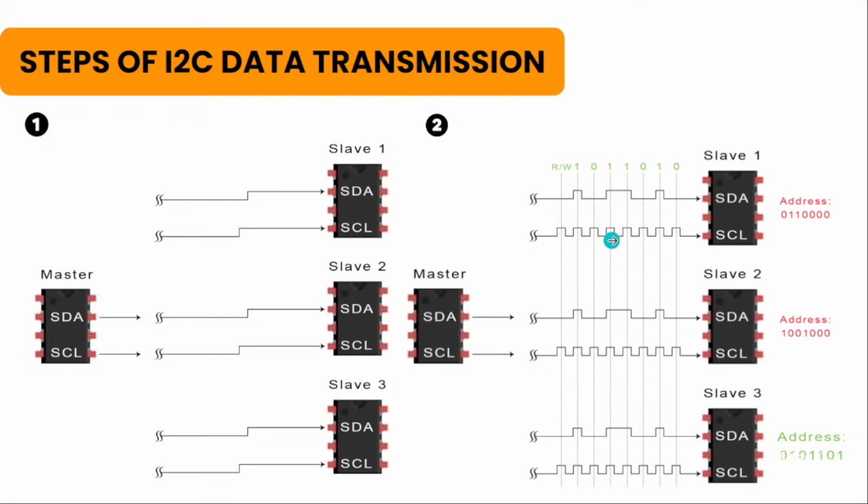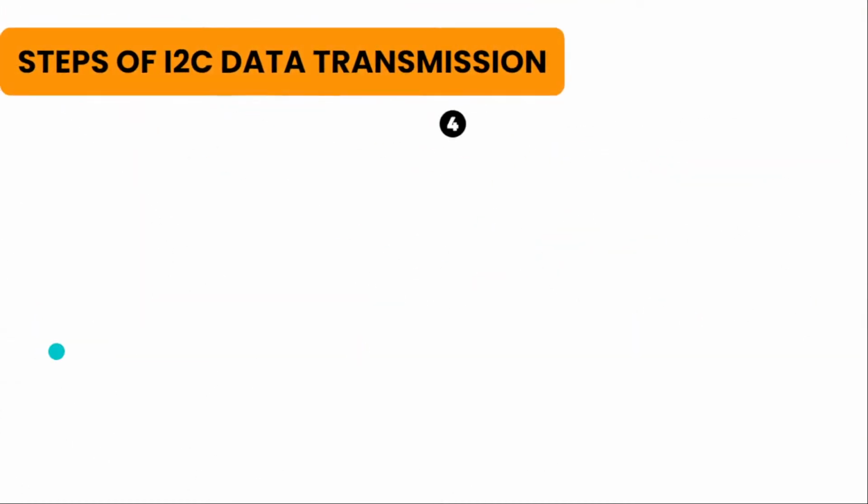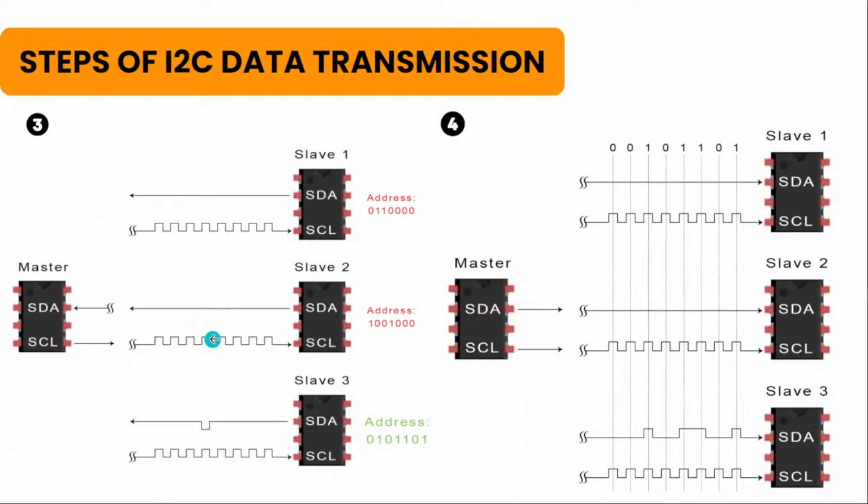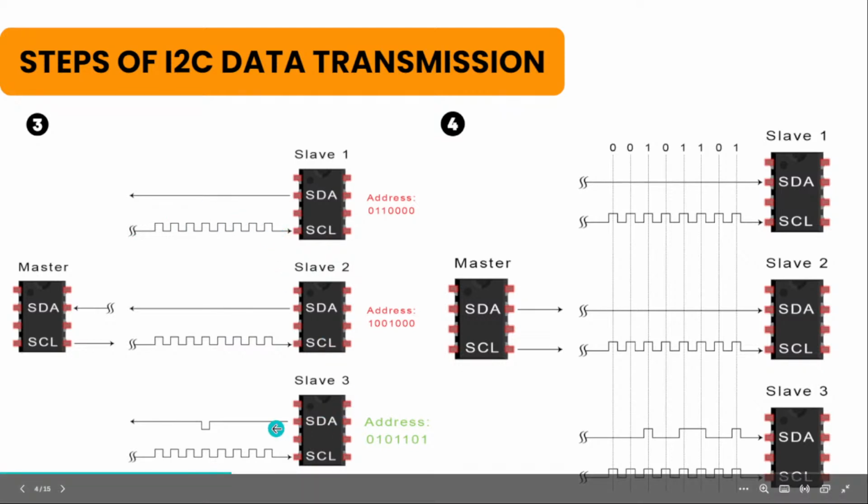Then the master sends each slave the 7 or 10 bit address of the slave it wants to communicate with, along with the read and write bit. And then each slave compares the address sent from the master to its own address. If the address matches, the slave returns an acknowledgement bit just by pulling the data line low for 1 bit.